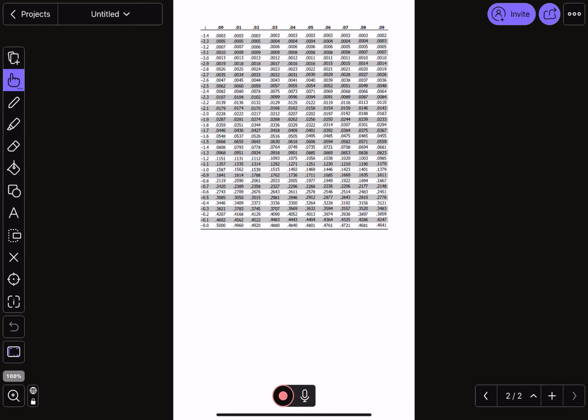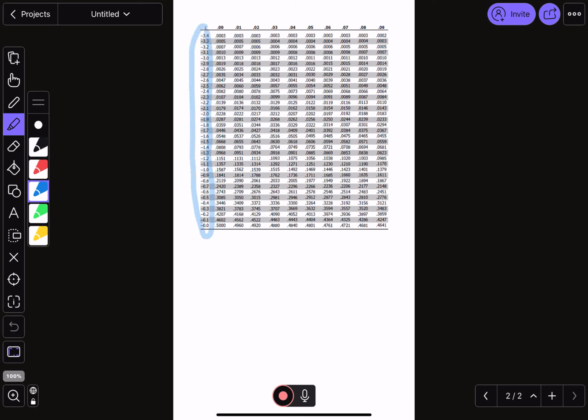If you notice on the left-hand side, these are all negative. So if you have a negative number, just look at where the negative chart is. All right, so you have all your negative numbers here, and then you have your second decimal up here. So you're still doing the same process, okay? So the one we were looking for was negative 1.71.